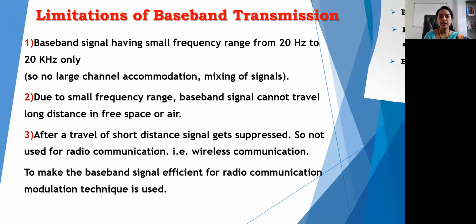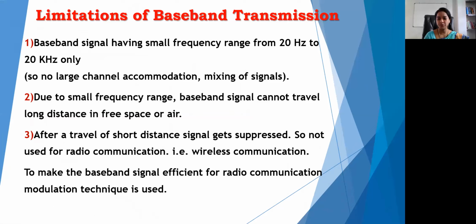Then the limitations of baseband transmission. As we have already seen, there are so many disadvantages. I'm repeating things because all of this is new, so please be attentive and listen to the terms. Baseband signals range from 20 hertz to 20 kilohertz only.